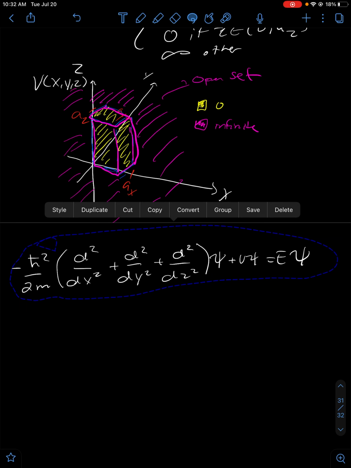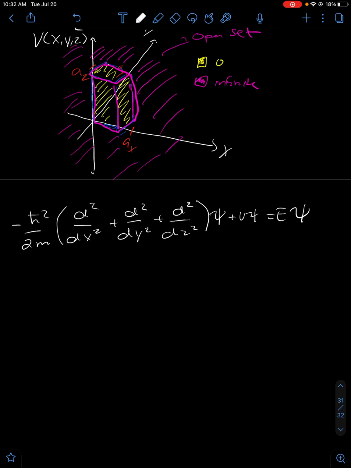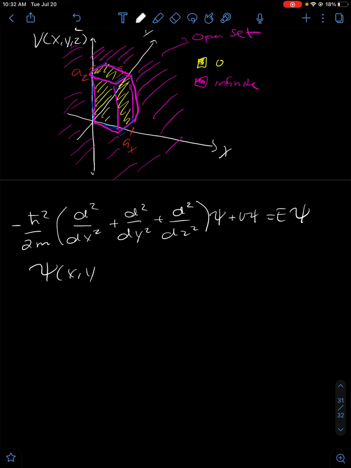Okay, so to go about solving this, we have psi of x, y, and z. Now to solve this, we are going to assume that our wave function can be separated as the product of three different wave functions, each depending on their respective variable.